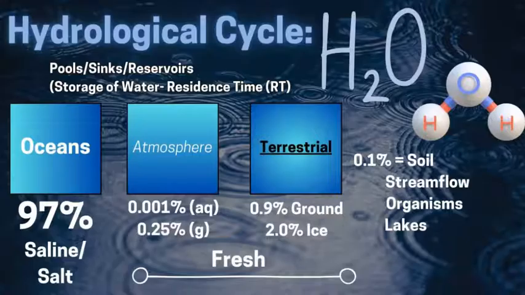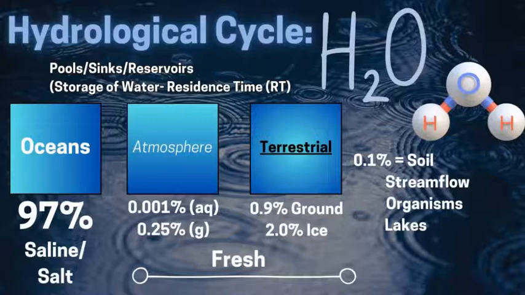Then the other 3% of water that exists on Earth is split between various storage pools with varying residence times. First one is any land or surface-based water being held in the ground or crust or soil or sea floor, and this is all termed terrestrial.